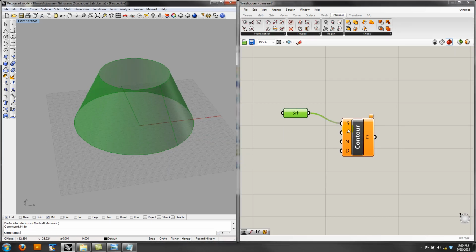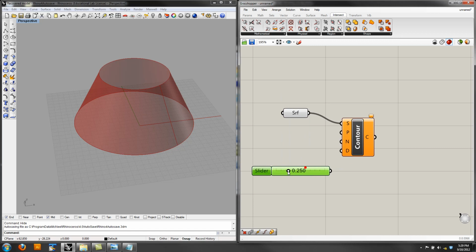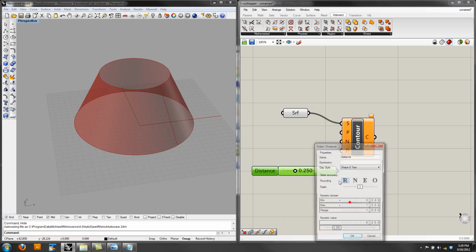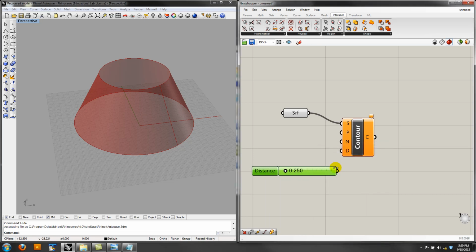Okay. And then you've got a start point, and you've got a direction, which is an x, y, or z vector, or an arbitrary vector, and the distance between the contours. So distance is a number, and in this case, I just want to use a number slider, and I'm going to give it a little bit more of a value here. And we need a start point.